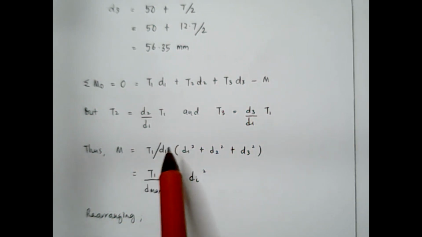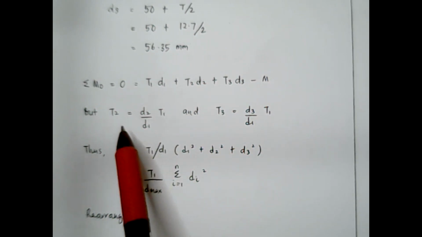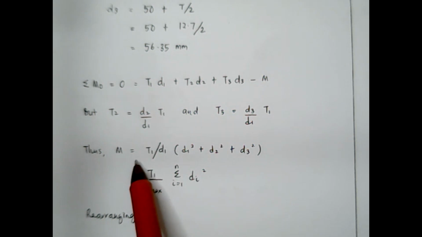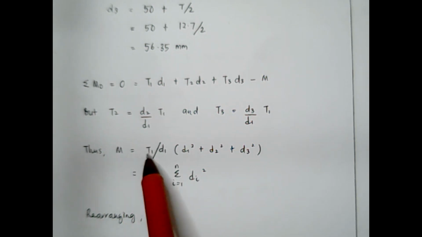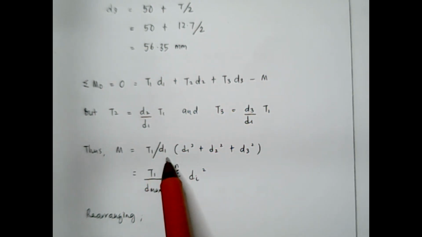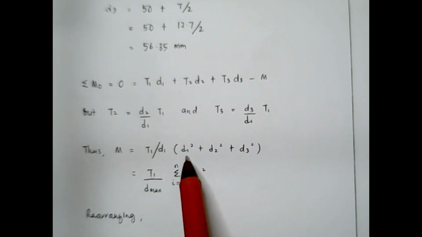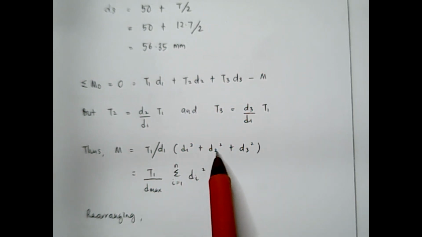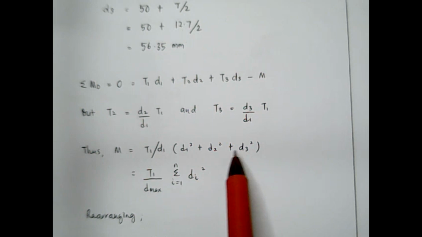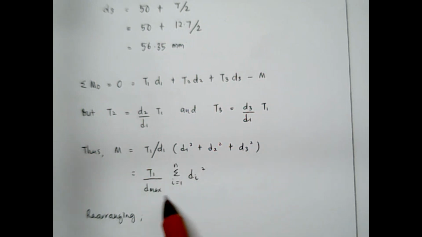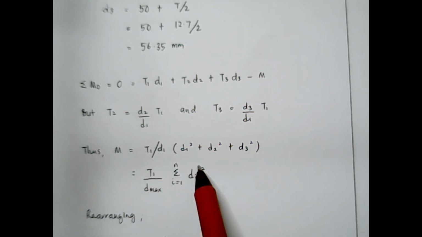So in this equation, in terms of the T2 and T3, we can get M equivalent to T1 over D1, times D1 squared plus D2 squared plus D3 squared, which is the simplification of the formulation.